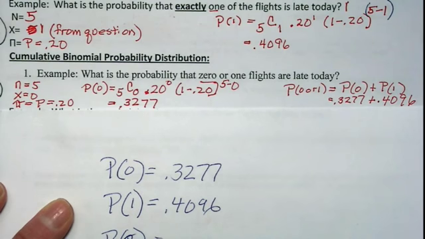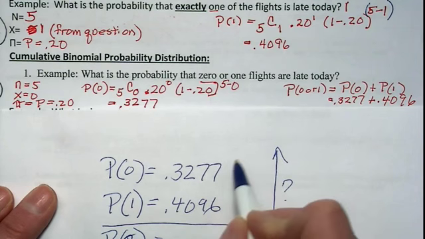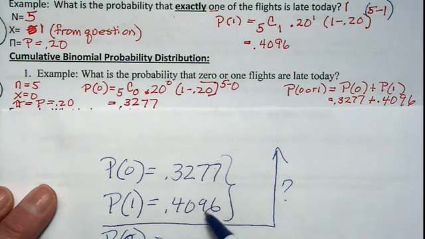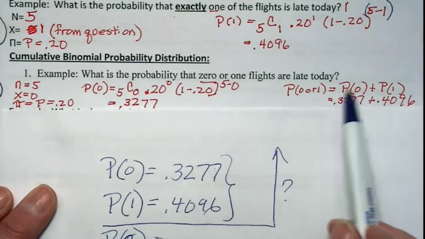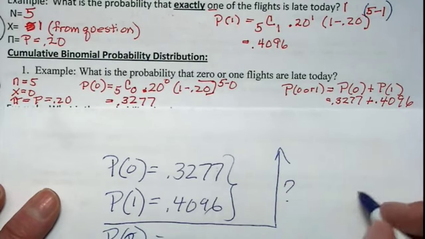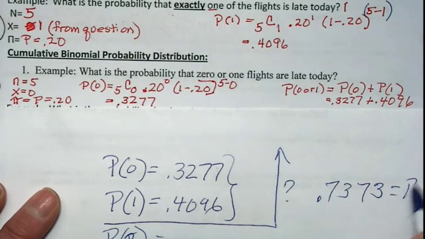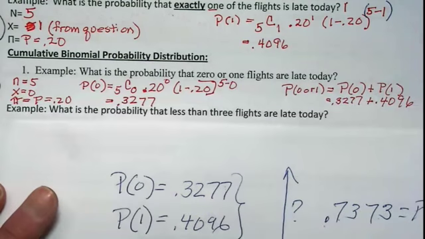I'm not even going to calculate the rest. But if I ask you, what's the probability of less than 2 flights late? Less than 2, I draw a horizontal line, and less than 2 is up. I want to know the probability of 0 or 1 flights. I add them. Right here I show you, I add those 2 flights. And if I add those 2 flights, I get a probability of 0.7373.